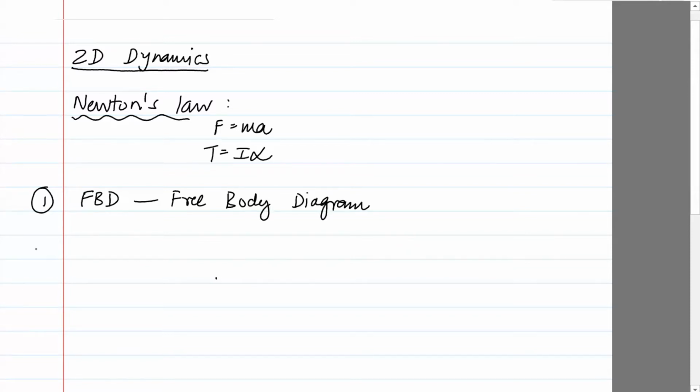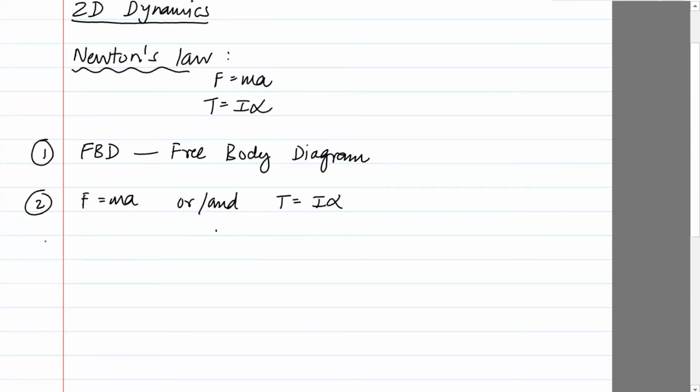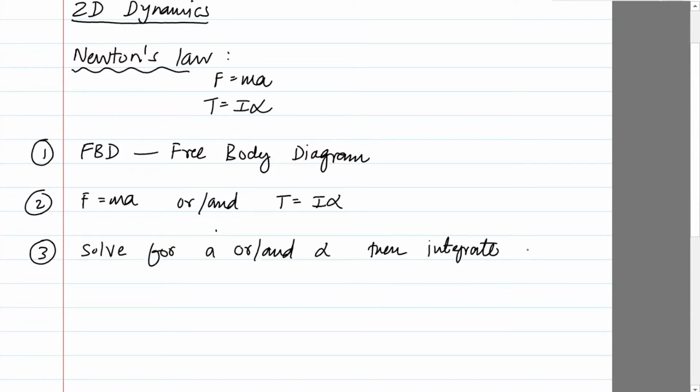Then we use one of these two or both of these laws, F equals ma and torque equals I alpha. And the third step is we basically use these equations to solve for a and/or alpha, and then integrate a and/or alpha.